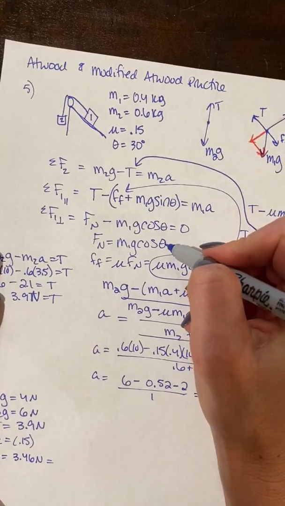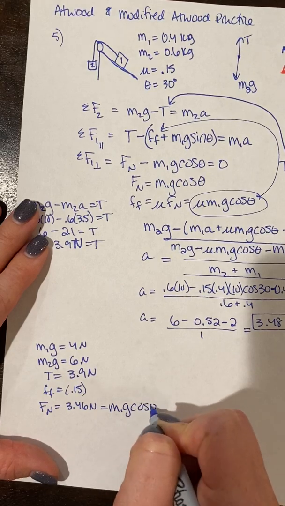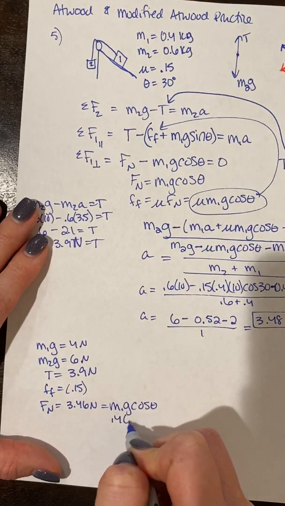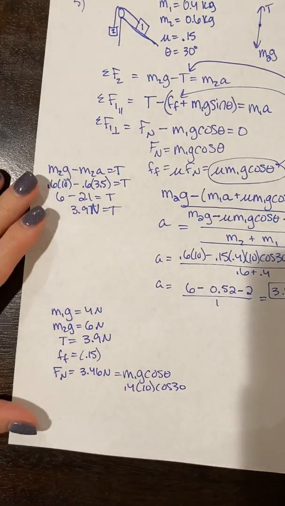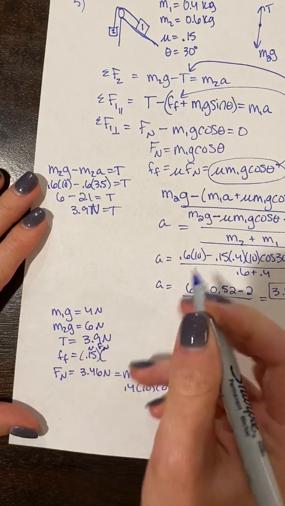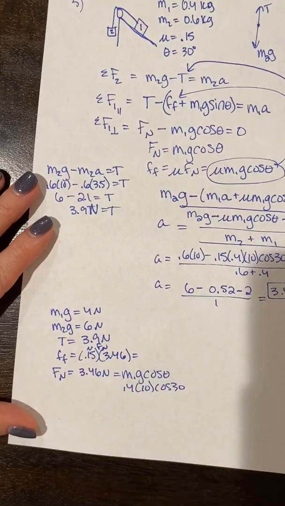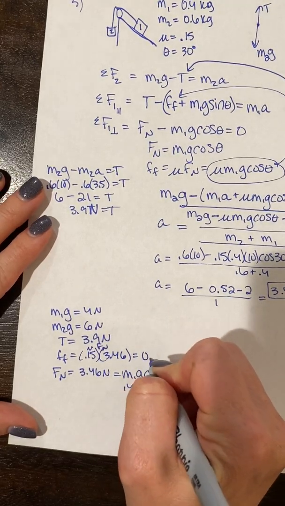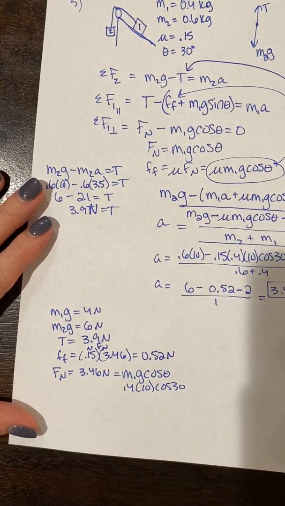Right, we figured it out to be this here. So it's equal to m1g cosine theta, 0.4 times 10 cosine 30. Okay, and then my frictional force is mu times force normal. So I'm going to take the 3.46, multiply it by 0.15, giving me 0.52 newtons.